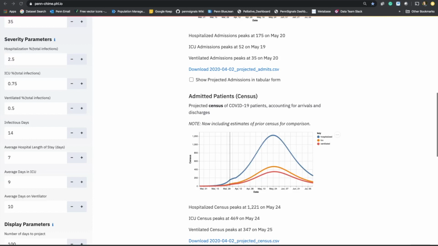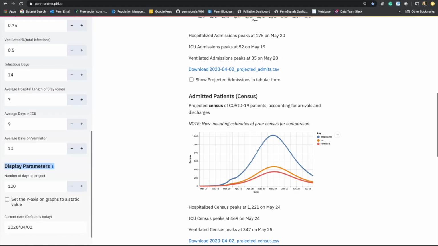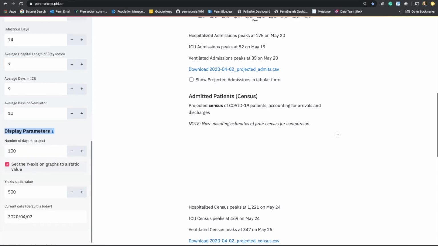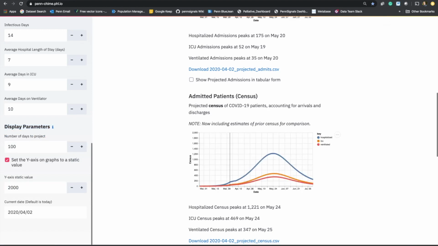The display parameters, at least I use them most often when I'm creating reports to be shared out, and I want to lock in the axes for comparison. The value that is most useful in that case is, of course, the y-axis.